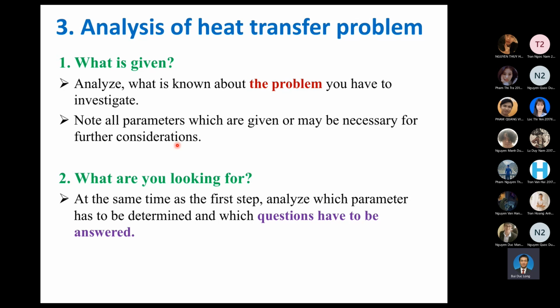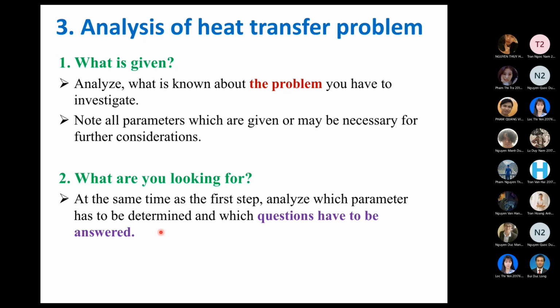And the second step is: what are you looking for? So now you have to know what you are looking for. At the same time as the first step, analyze which parameter has to be determined, and which question has to be answered.